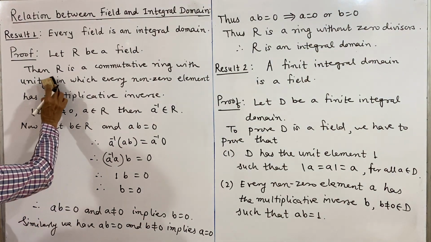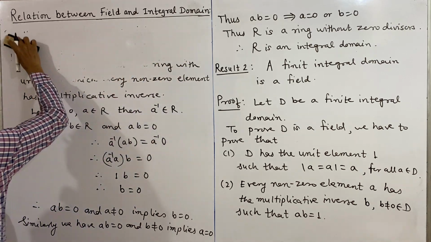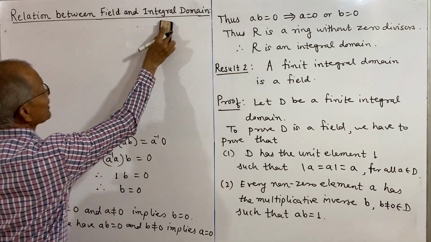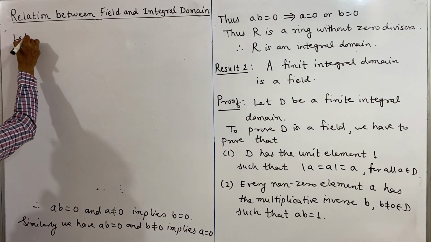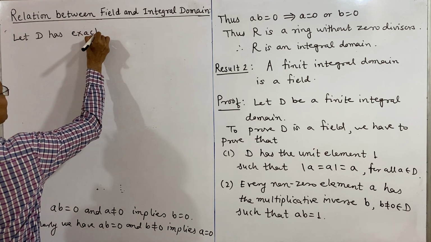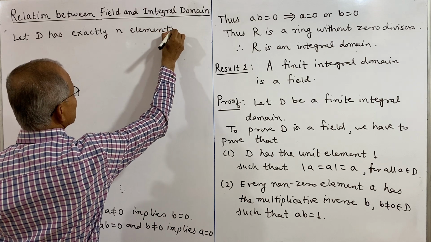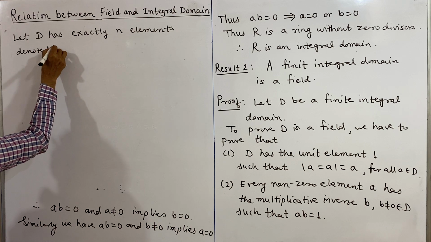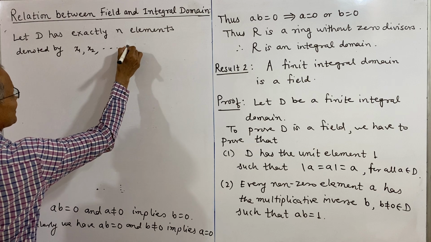Now D is a finite integral domain, so we shall consider D contains n elements. Let D have exactly n elements, and we shall denote them by x1, x2 and so on xn.